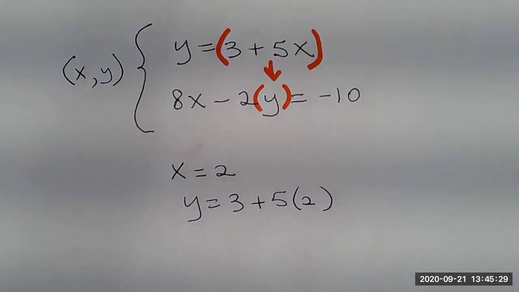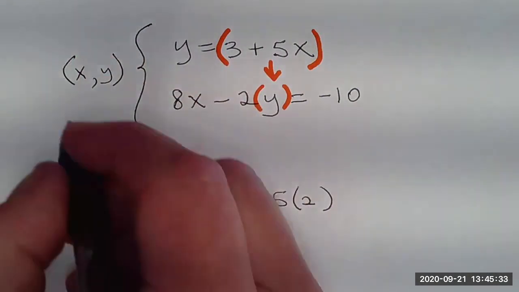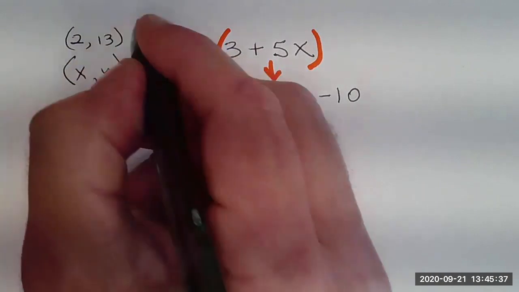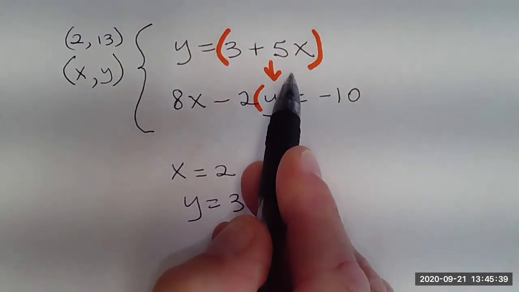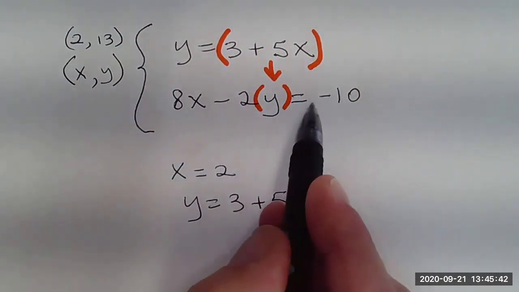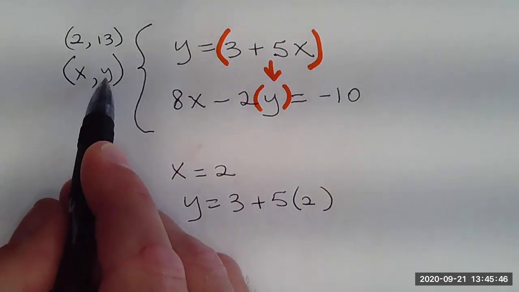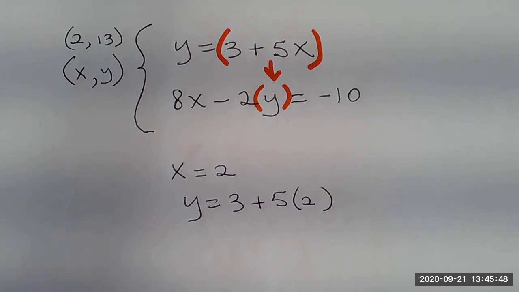That's 13. Y must be equal to 13. Now, I know when x equals 2, y equals 13 for this equation. If it works for this equation, those same two values, 2 and 13 for x and y, then I have a solution for the system.